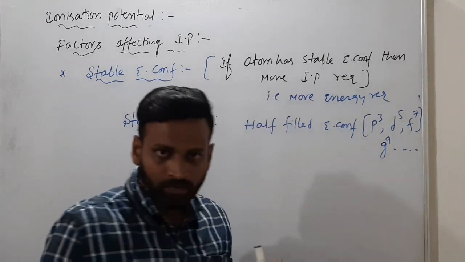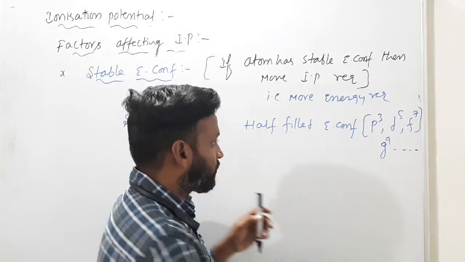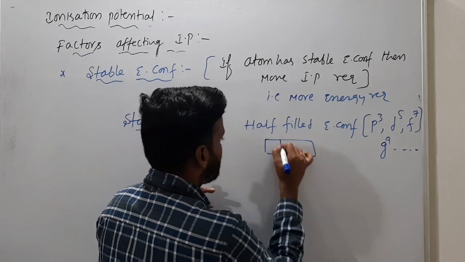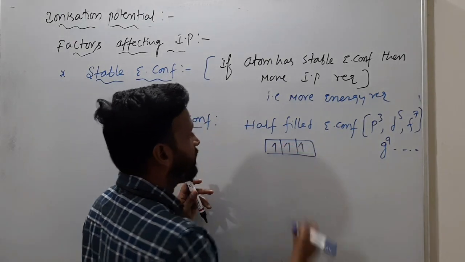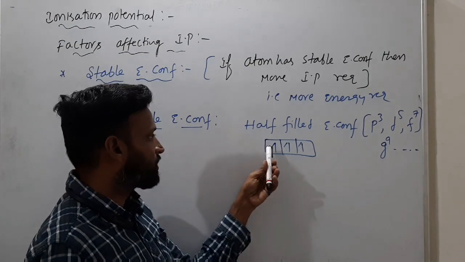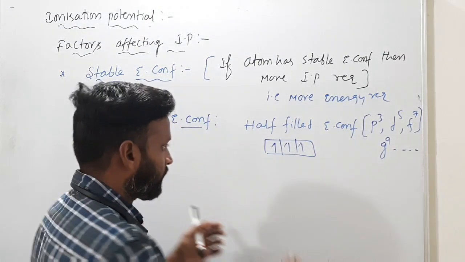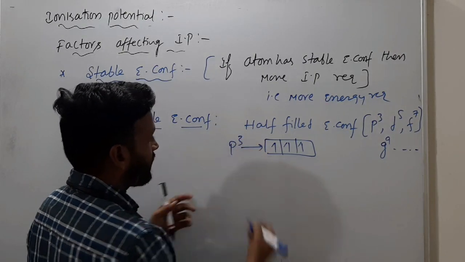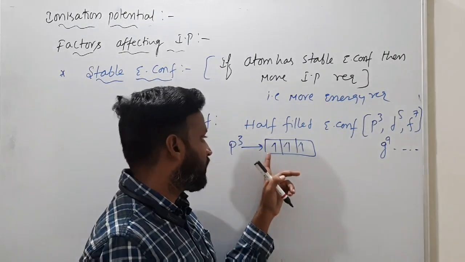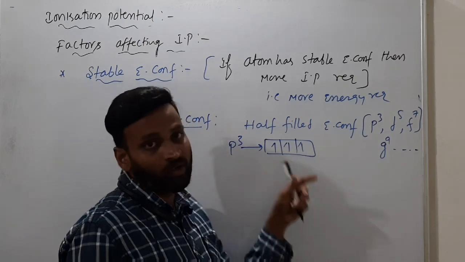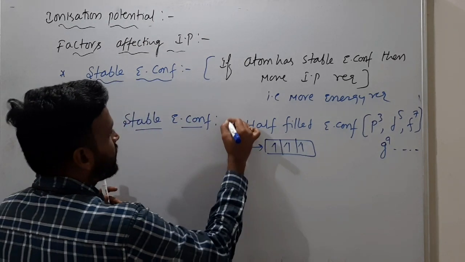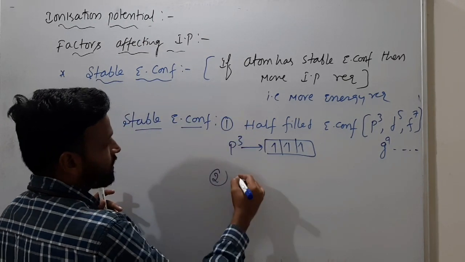So P half filled is stable. Why stable? Each degenerate orbital has one electron. This is the representation of P3. According to Hund's rule, each must have one electron, and only then pairing. So stable electronic configuration means half filled.